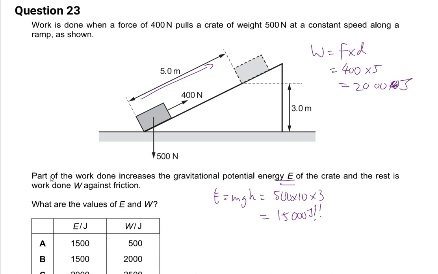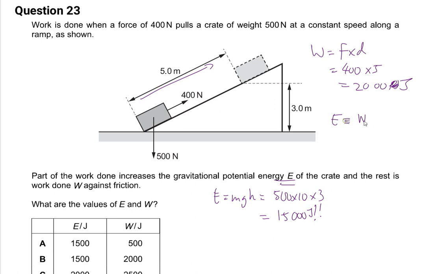Now let's take a look. Part of the work done increases the gravitational potential energy, and the rest is work done against friction. So part of it is to increase the energy, and the rest is work done against friction.